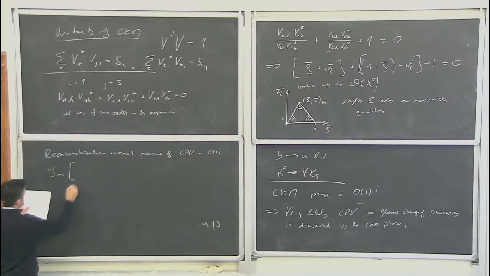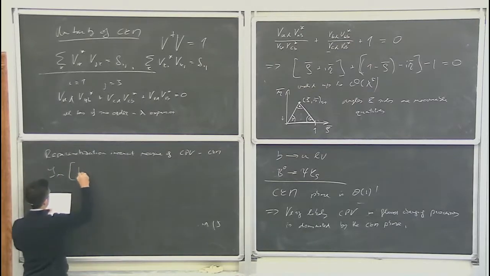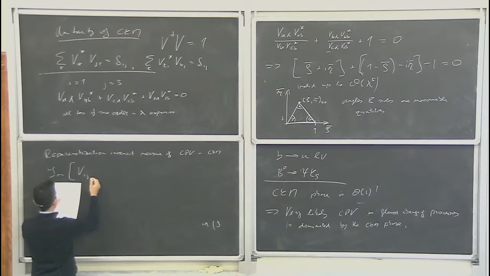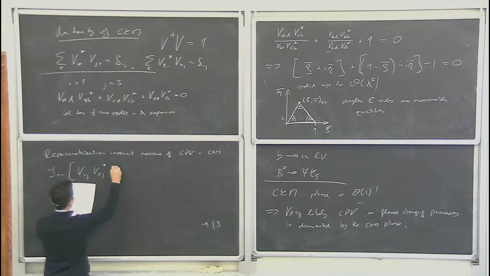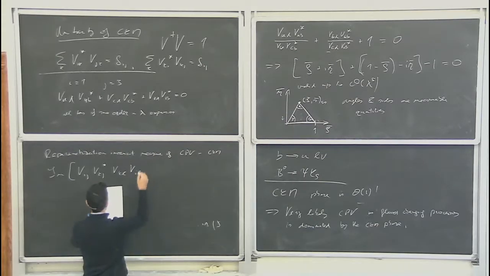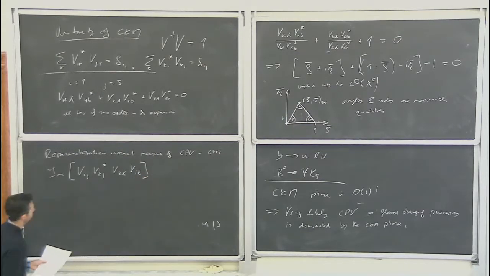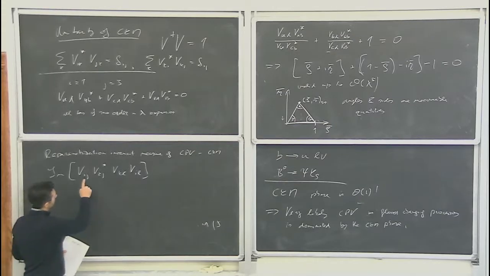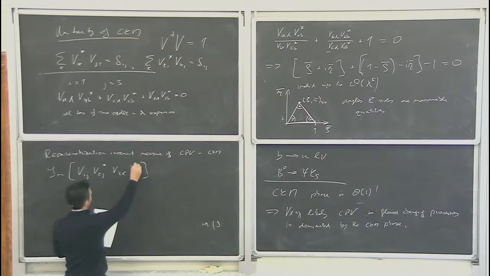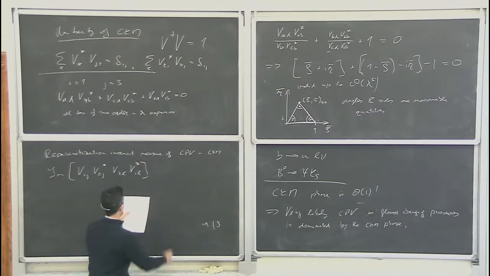In particular, the imaginary part of any combination V_ij V_kj^*, where we sum over j, and V_kl V_il^*, and we sum also over all i, j, k, and l in such a combination of CKM elements.